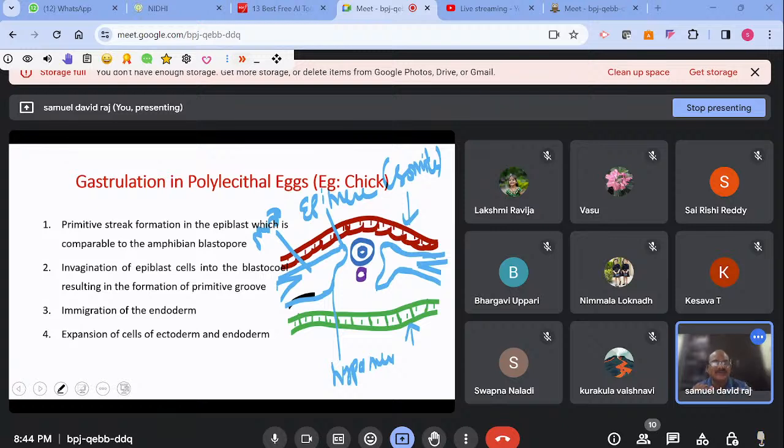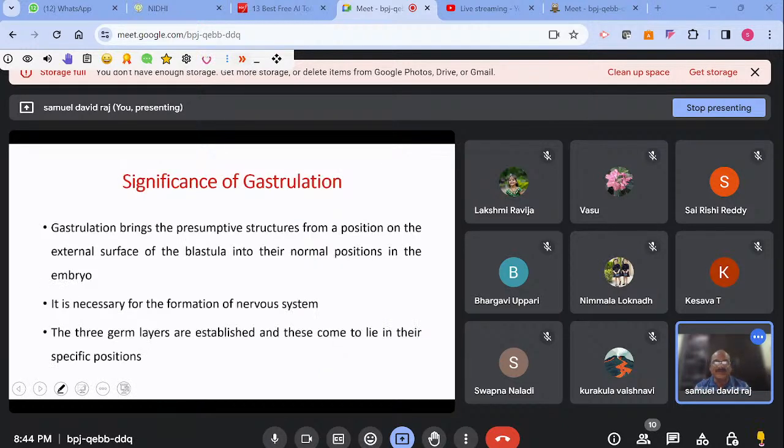One is ectoderm, which is distinguished into somatic ectoderm and neuroectoderm. The third one is endoderm, and the fourth one is mesoderm, comprising epimere, mesomere, and hypomere. And epimere is again subdivided into dermatome, sclerotome, and myotome. And now we are going to see what is the fate of all these different parts of the body.